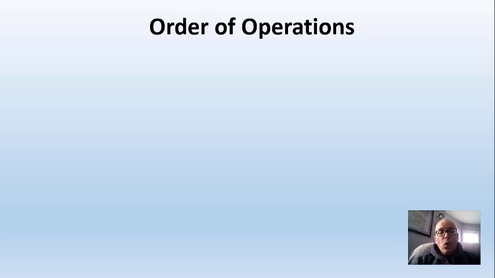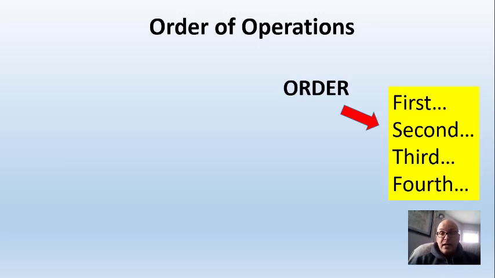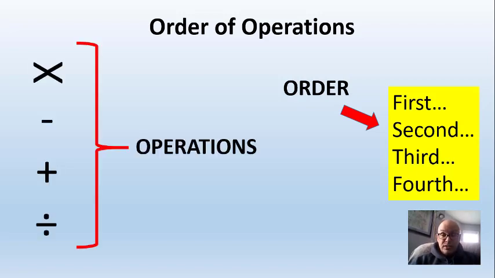Okay? Order of operations, when I asked you in class, you said order means things like first, second, third, and fourth, right? Today we have 4 items in the agenda. First, we do blah, blah. Second, we do blah, blah. Third, fourth. This is order, right? Operations, that's what you learned with me since September about multiplication, division, addition, subtraction, right?